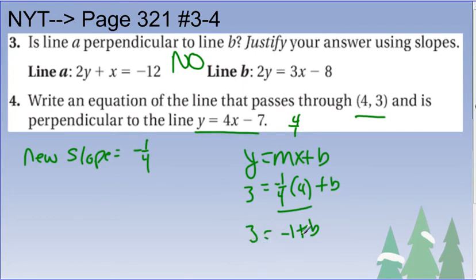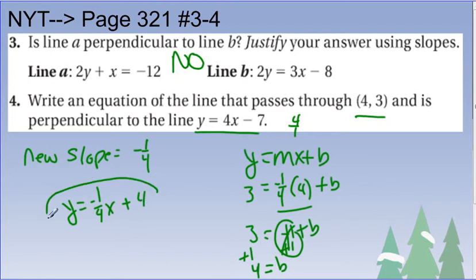You then add 1 to both sides. B equals 4. So now we have our new intercept. So we have our slope, we have our intercept. Let's just rewrite the thing. Y equals negative 1/4 x plus 4. And we're done.